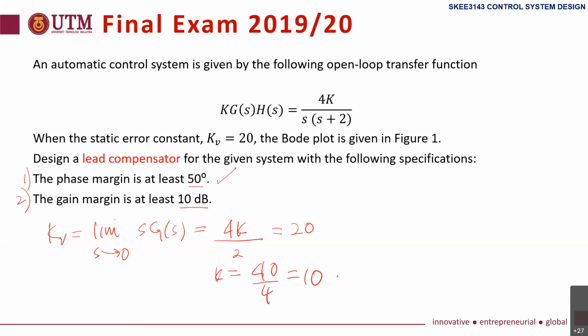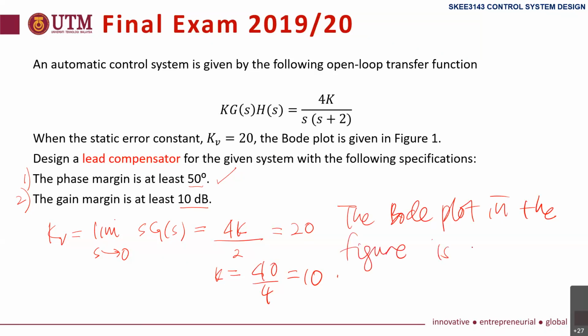Therefore, the Bode plot in the figure is plotted using K equal to 10. Although it is not mentioned, we know it is plotted with K equal to 10, so that we get Kv equal to 20. Right, that is the first one.